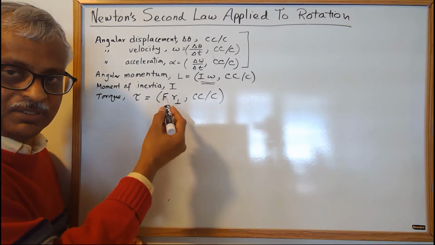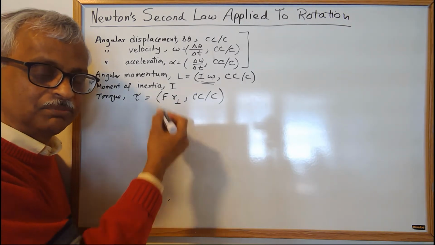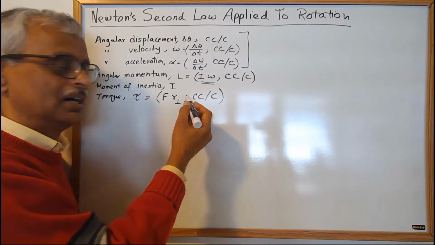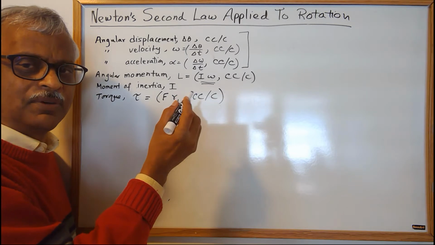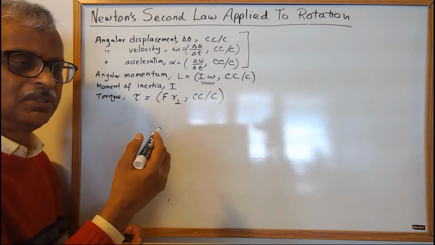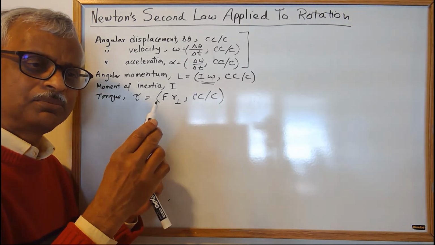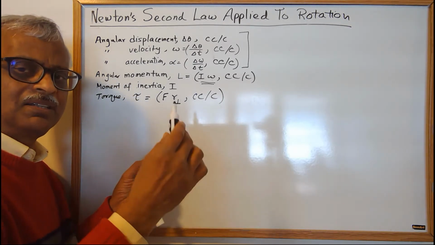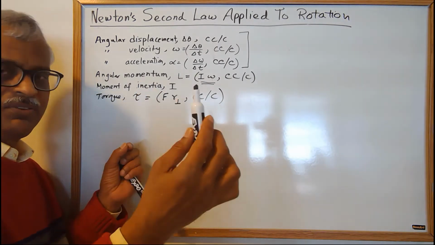And I, the moment of inertia, has many different formulas for it, depending on the situation, and they all come from a fundamental reason: you want to tell how difficult it is to rotate something. The further away from the axis something is, the more difficult it would be.